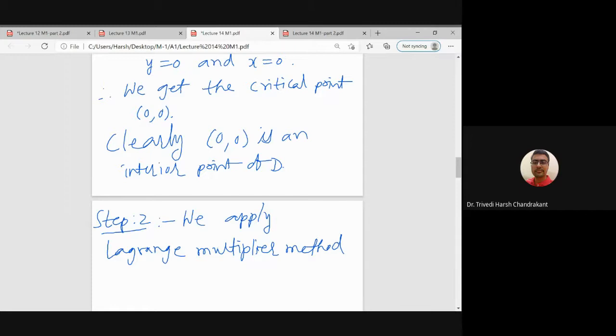In the first step we found all the critical points inside D. Now we want to find all the critical points on the boundary of the region.